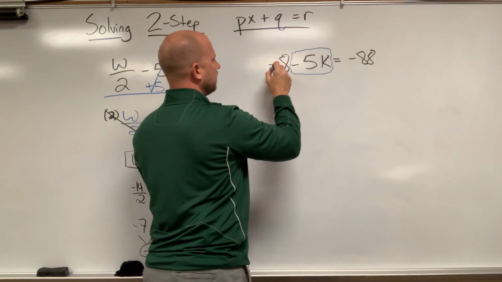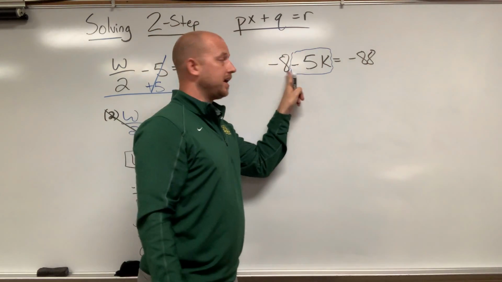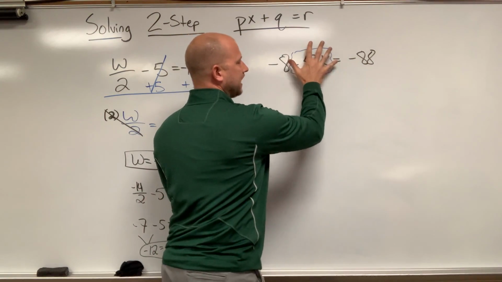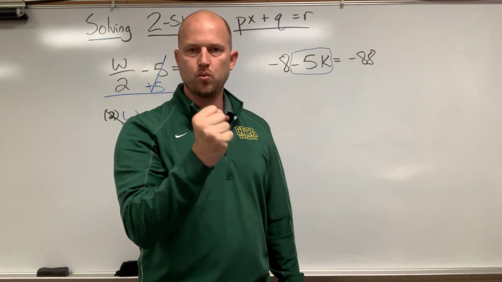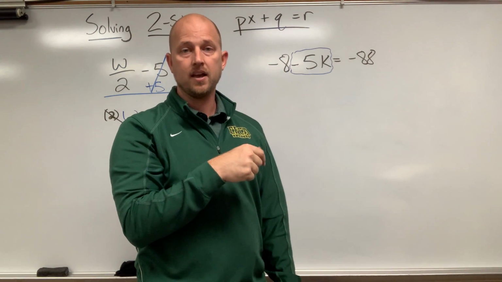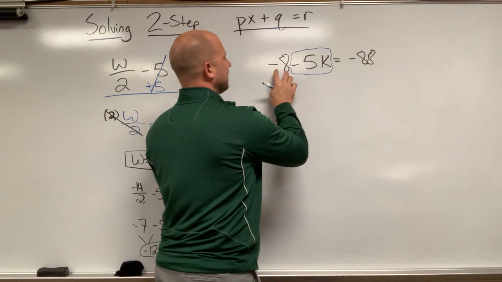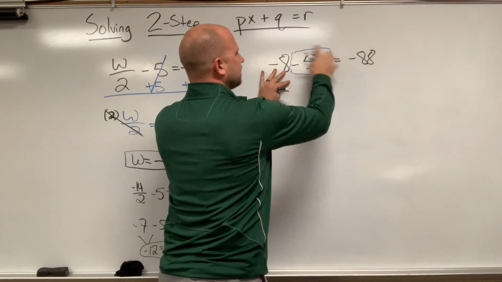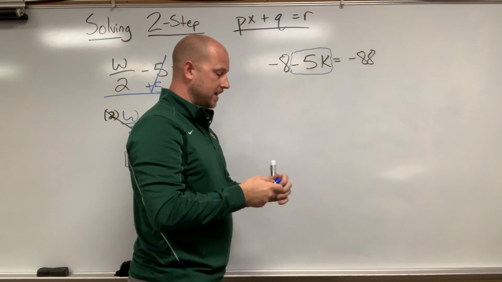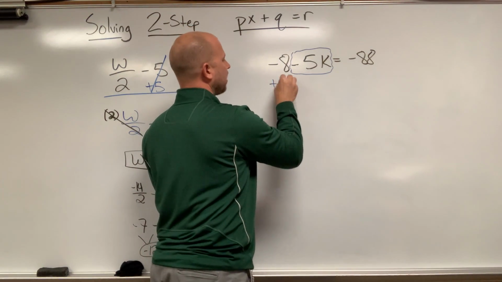The terms are negative 8, and we have a negative 5k. This negative 5k is what's bonded with multiplication, so we need to keep that. We need to get rid of this negative 8, okay? The way that this is working is you have a negative 8, and then you're taking this away by using subtraction. So we're going to have to do the opposite of the negative 8, which becomes positive 8.